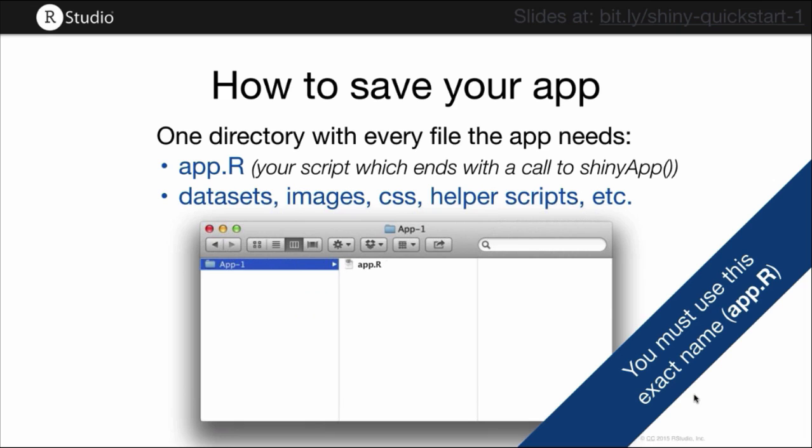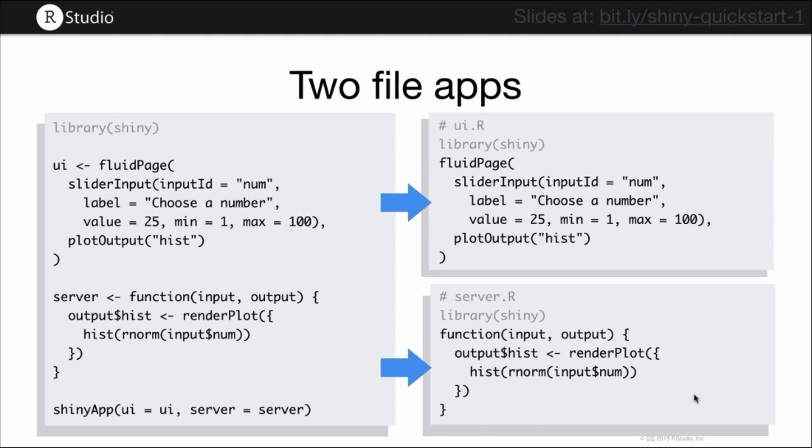Now, in the beginning, it was not possible to build a single file Shiny app like we've been doing today. In the very beginning of Shiny, every Shiny app was 2 separate files, a file for the UI and a file for the server. And this format still works, and it's still very useful on certain occasions. The relationship between a 2-file Shiny app and a single file Shiny app is very straightforward.